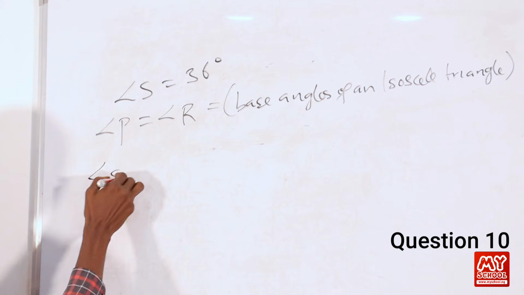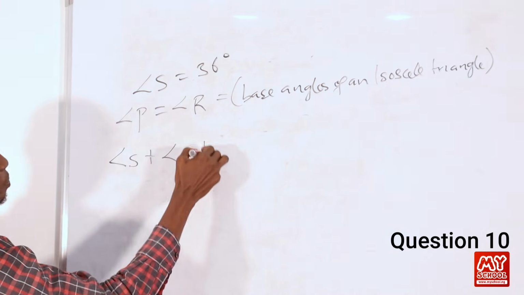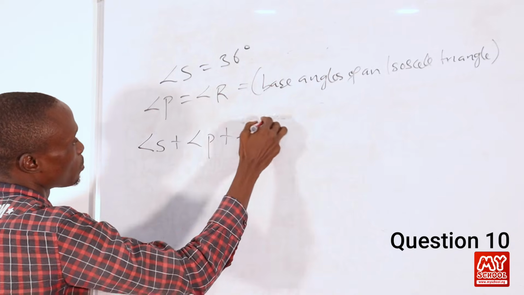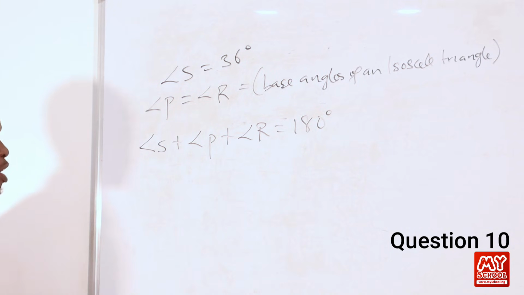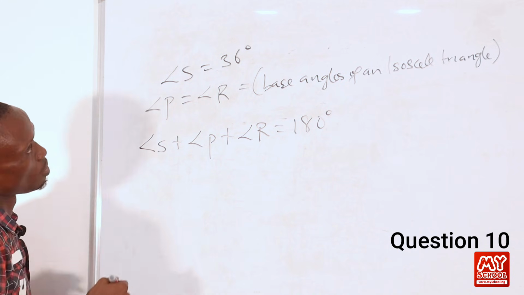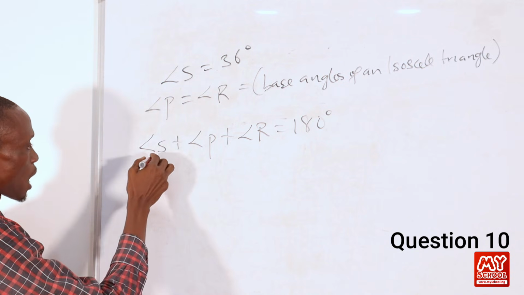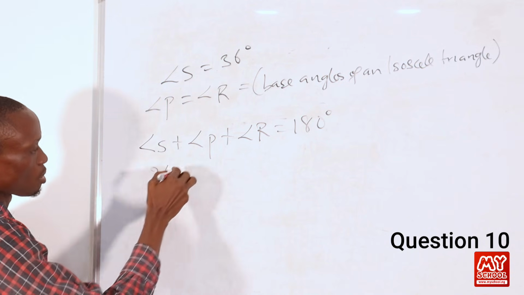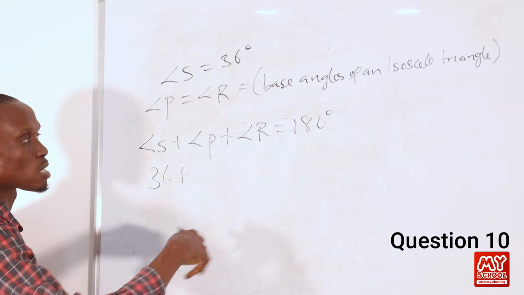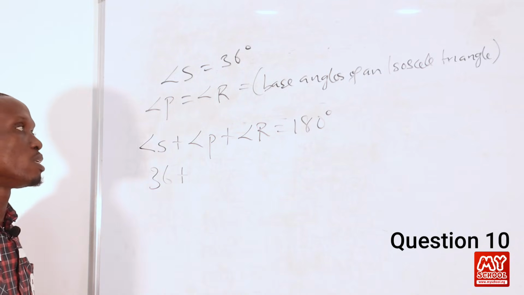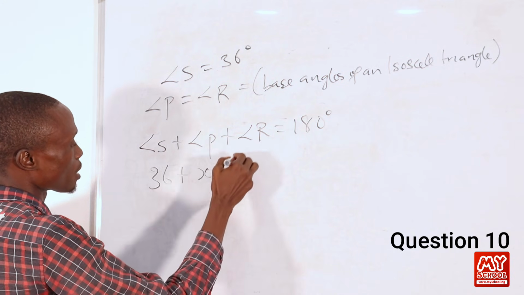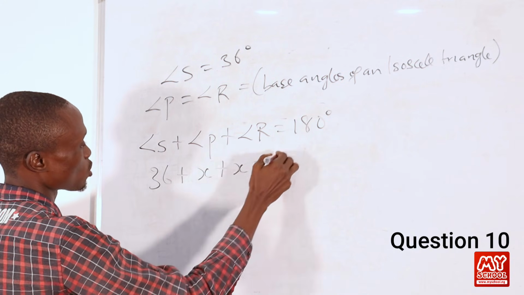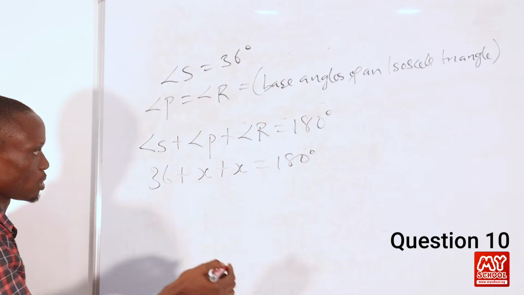So angle S plus angle P plus angle R is equal to 180. Of course, we know that the sum of angles in a triangle is equal to 180. So let's substitute the values that were given to us. So angle S equals 36 degrees plus, since these two angles are the same, we can represent them with any letter of our choice. So we can say angle P is equal to x, and angle R is also equal to x, and the sum equals 180 degrees.